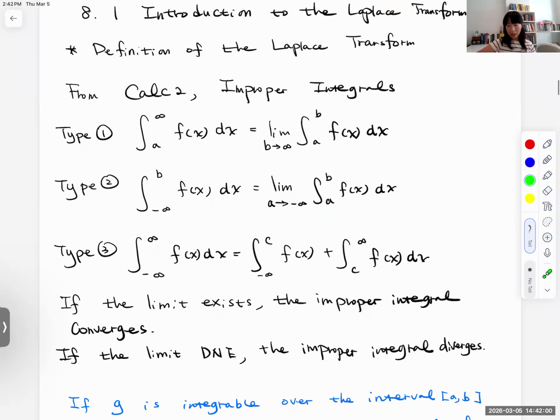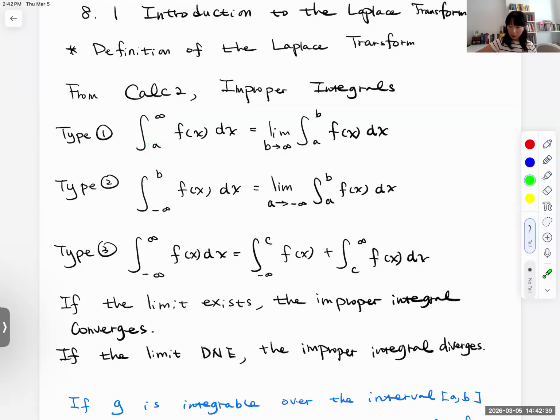And the last type: negative infinity to positive infinity, where both are bad spots. So we split it from negative infinity to c and c to positive infinity, and then add them. If the limit exists, that integral converges. If not, we say that it diverges. In this section, we are using type 1: the integral from a to positive infinity.